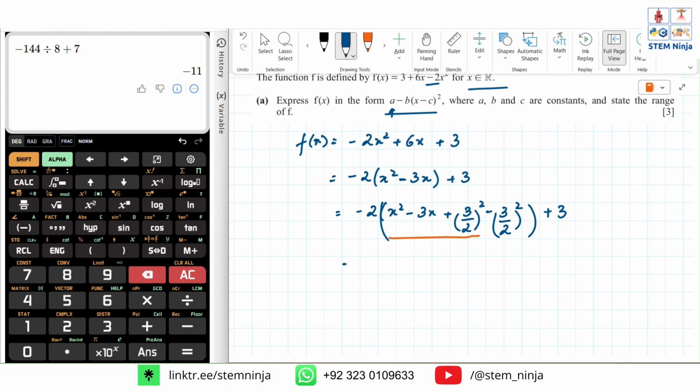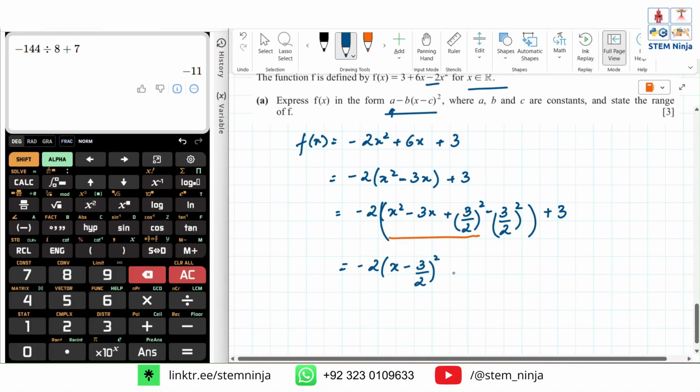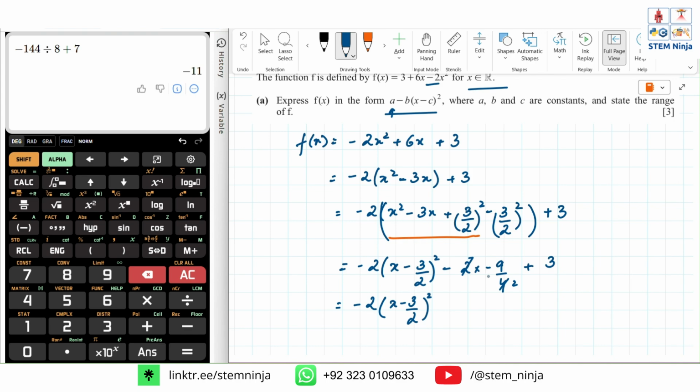So this would become minus 2 times x minus 3/2 squared, minus 2 times minus 9 over 4, and plus 3. So this would simplify to minus 2 times x minus 3 over 2 squared. 2 cancels out with 2, minus becomes plus.